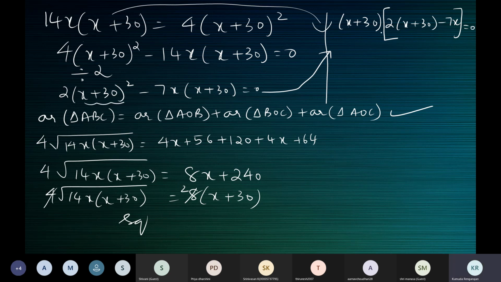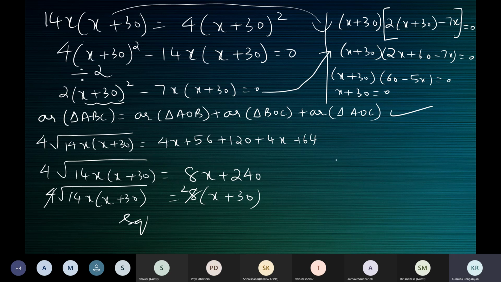So 2 into x plus 30 minus 7x is equal to 0. So x plus 30 into 2x plus 60 minus 7x is equal to 0. X plus 30 into 60 minus 5x is equal to 0. So on equating, x plus 30 is equal to 0, x is equal to minus 30.